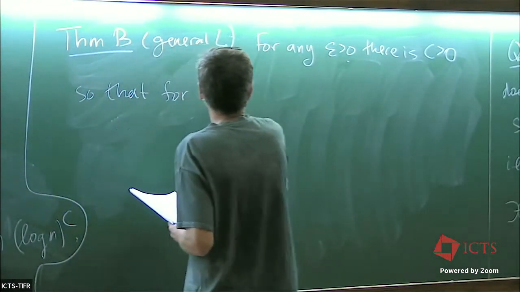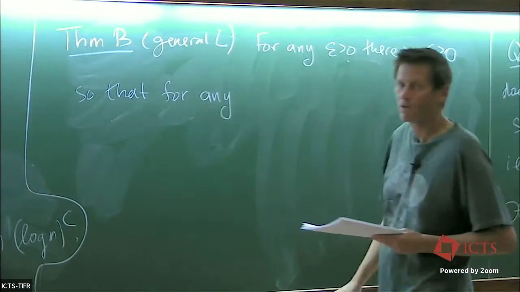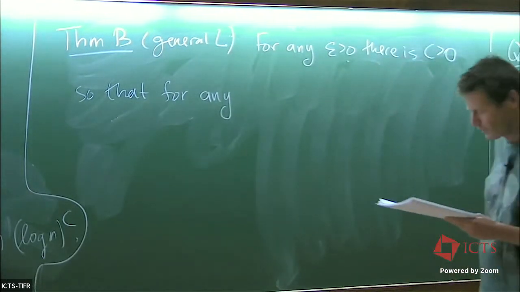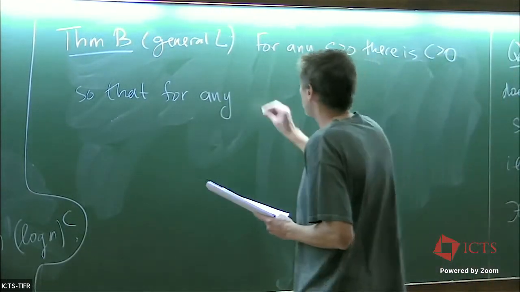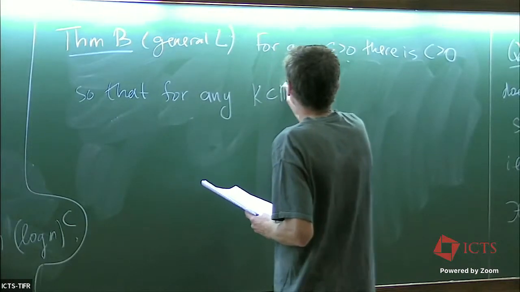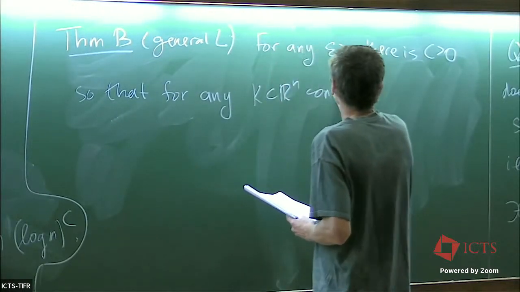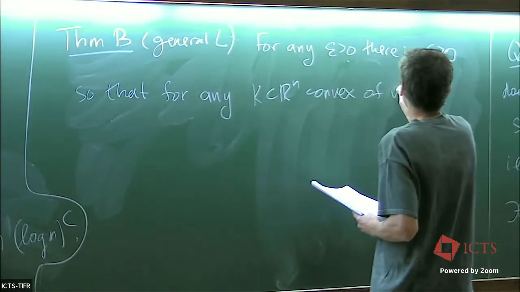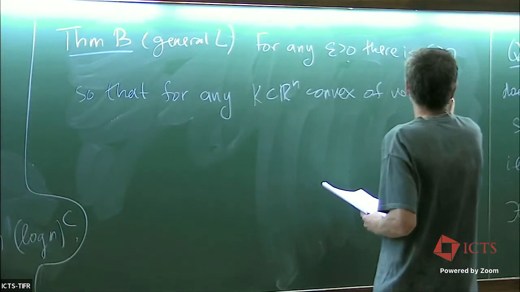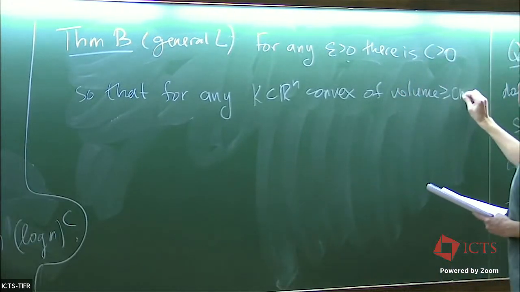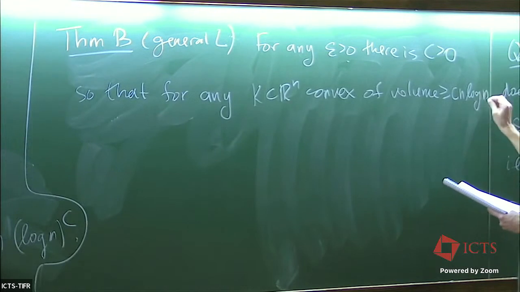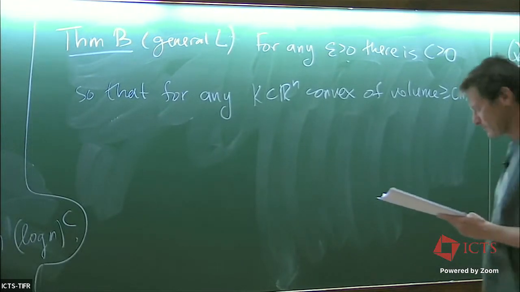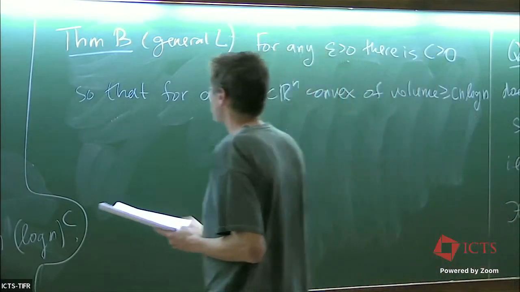You're going to see that for general L, we can do much better than n to the power 3. So for any convex body, with volume C times n times log n, so quite close to n, we can cover smoothly. So there is an L.